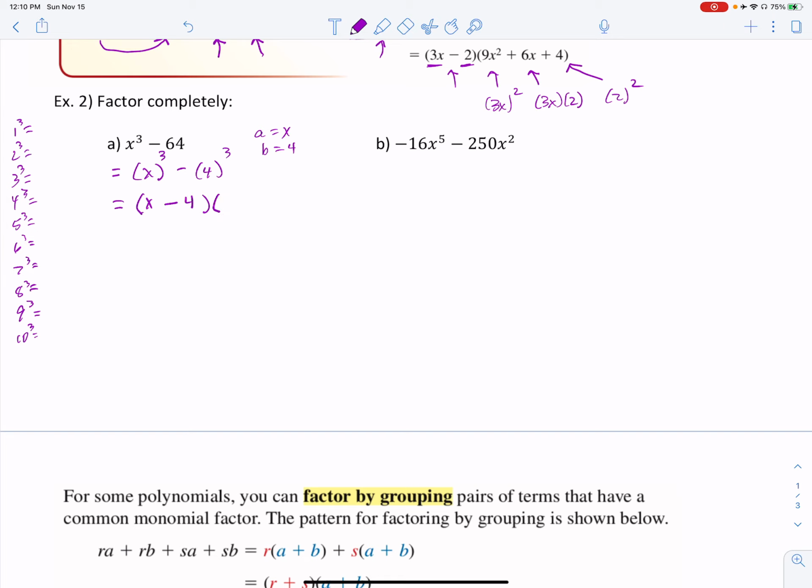And then you have a trinomial, and all the signs will be positive in this trinomial. And so you're going to get an x squared, your a squared, and then it is the product of these two, but it's opposite in sign, so plus 4x. And then it is that last term, your b squared, which is always positive. And that is the factorization of the difference of cubes.